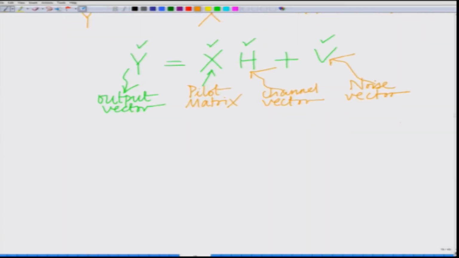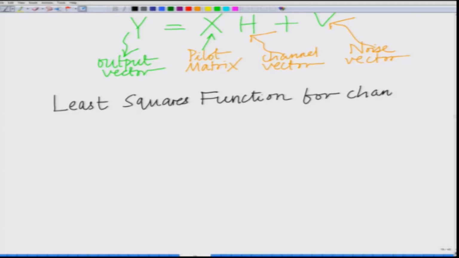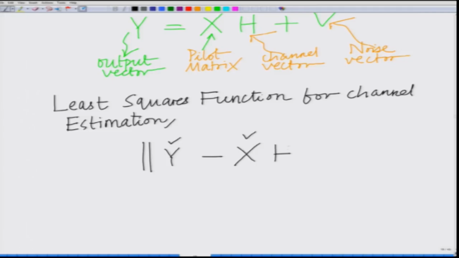Therefore, the least squares function for channel estimation, now at this point again this is something you should be familiar with, is Y check minus X check H check whole square.